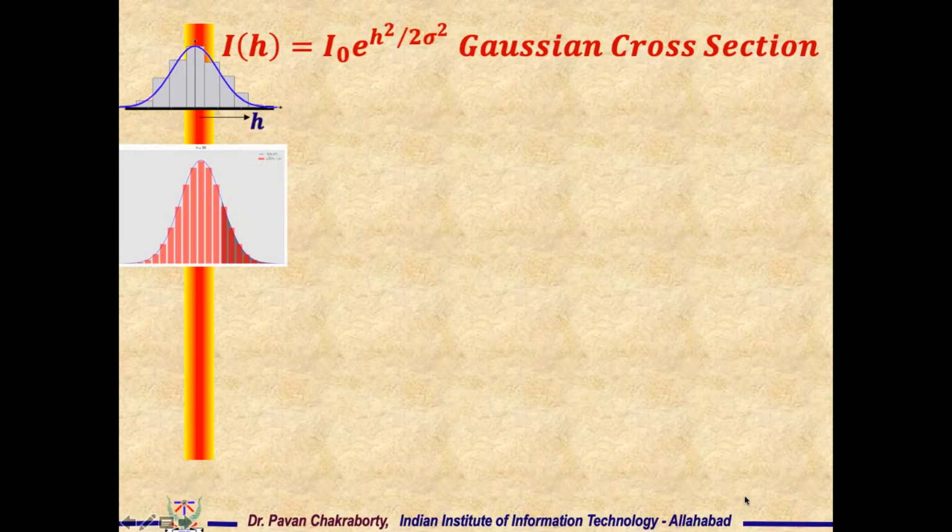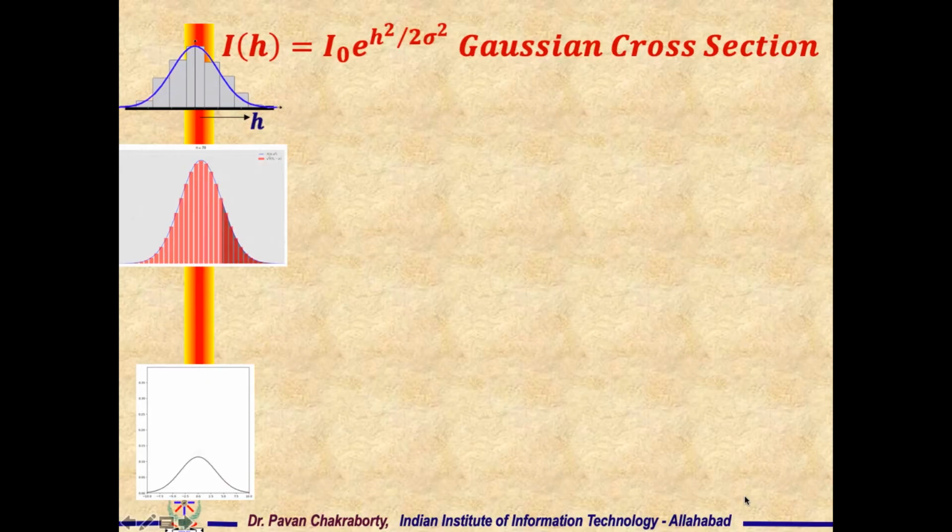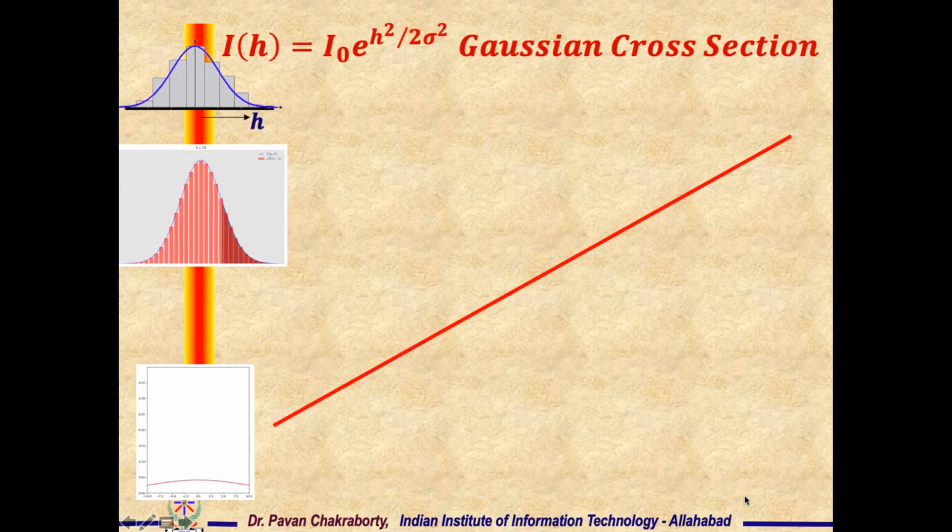We could represent this curve using more pixels, or we could also represent it with fewer pixels depending on our choice. We could also choose different sigma values to have a sharper line or a flatter line. Now let us take an arbitrary line which has a slope m, and we would like to find the cross section of this line.